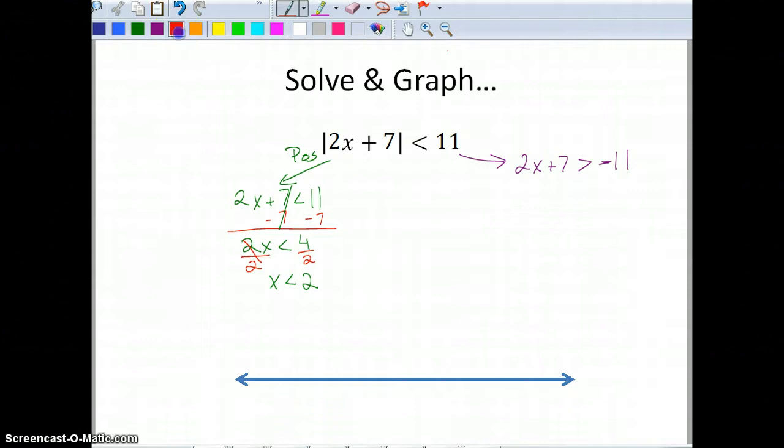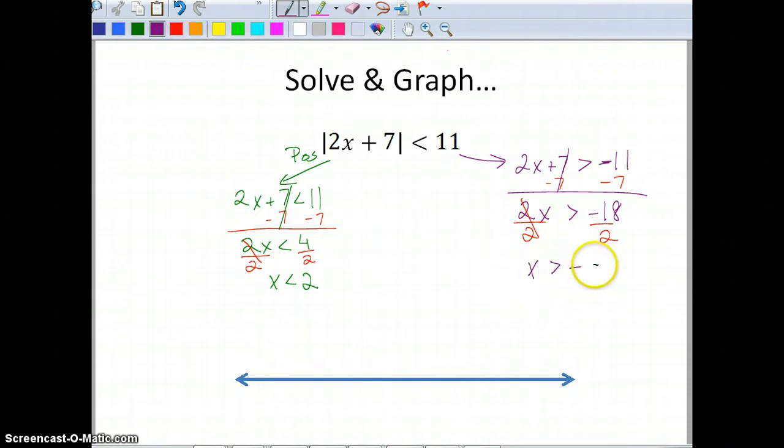Now let's look at the other one. Going to subtract 7 from both sides. So now I have 2x is greater than negative 18. Going to divide both sides by 2. So we end up with x is greater than negative 9.